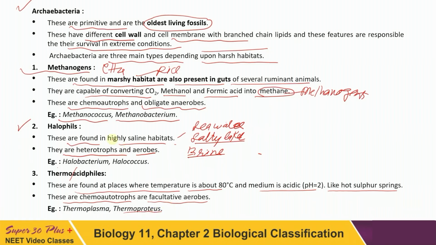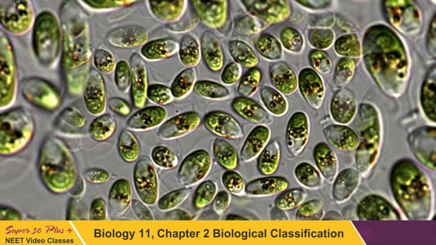One very important point to be noted is regarding halophiles. You see, halophiles have a pigment in their membrane, and that pigment is similar to the pigment found in the human eye, bacteriorhodopsin.